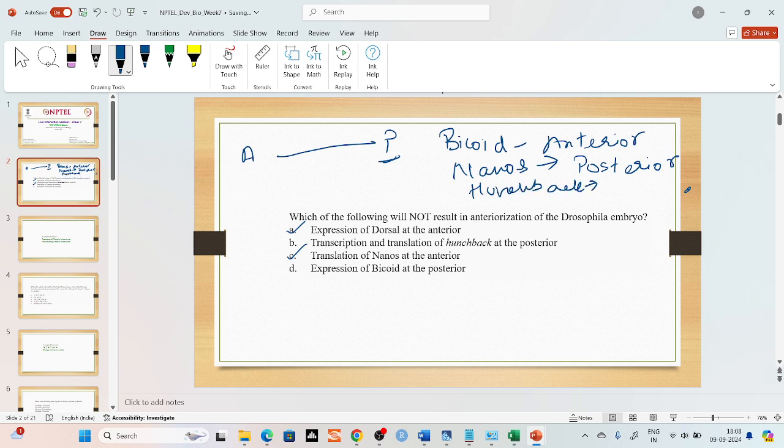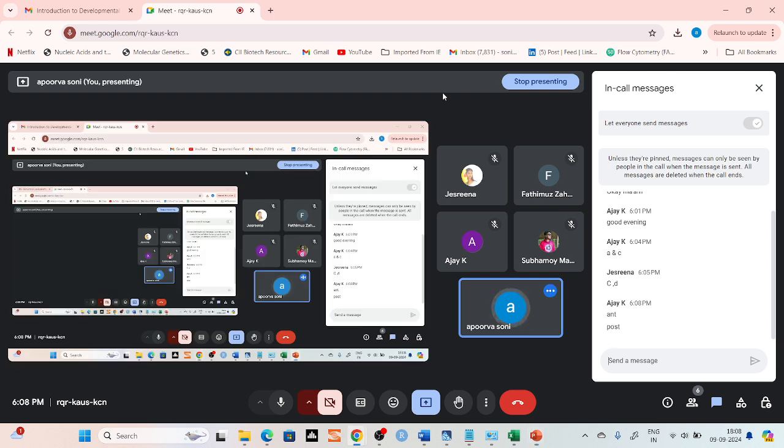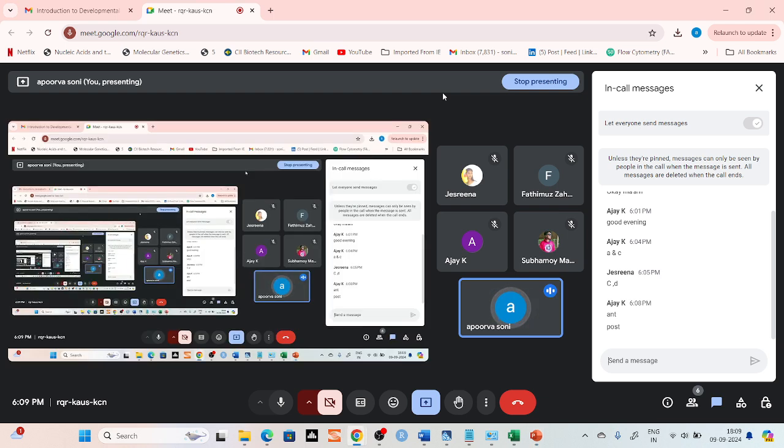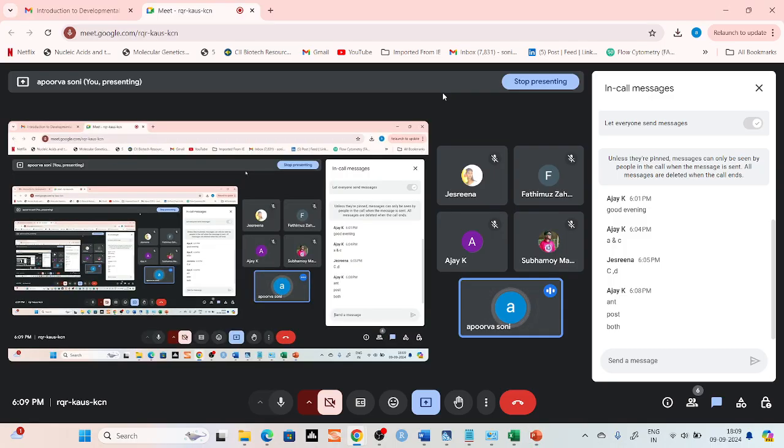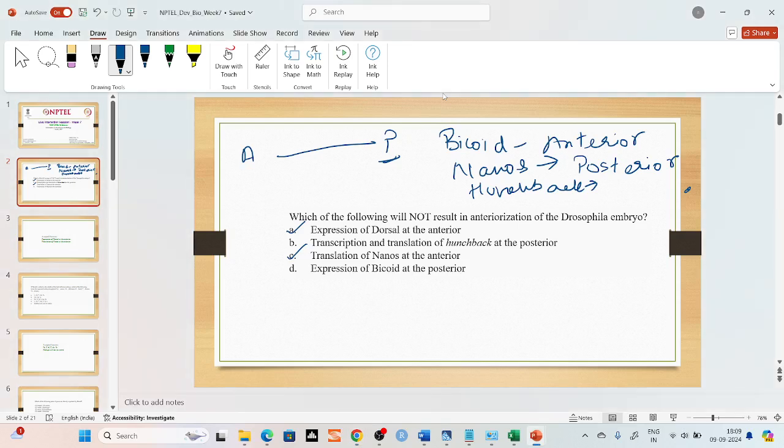And hunchback is for anterior axis or posterior axis? Reena, do you know? Hunchback, anterior or posterior? Anybody knows? So hunchback can act as both, but mostly in the starting, hunchback will help in the anterior axis formation because it is activated by bicoid.